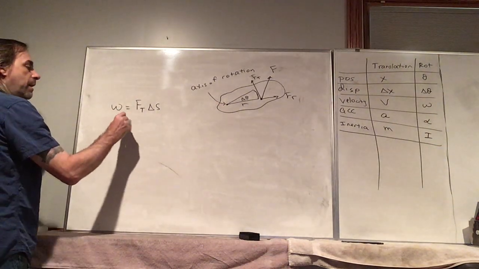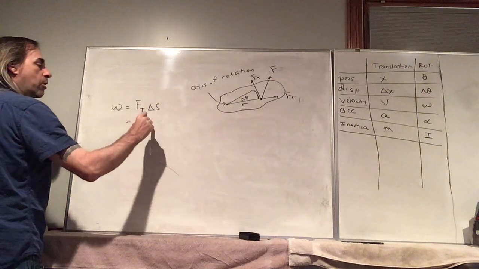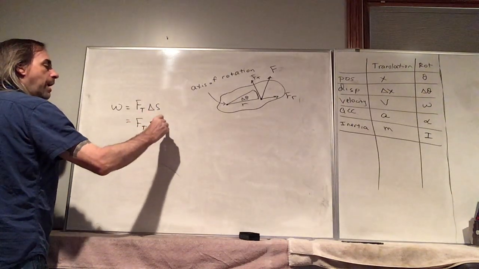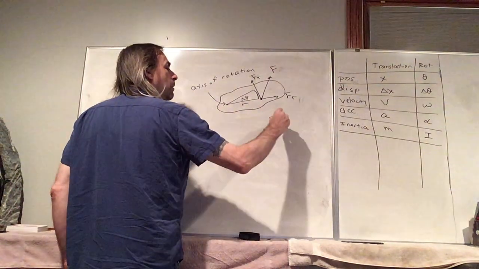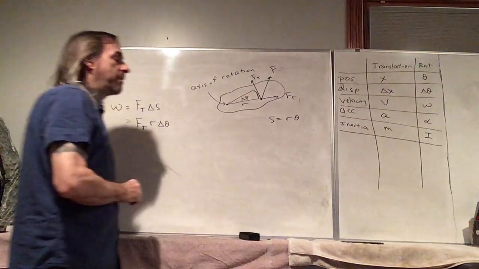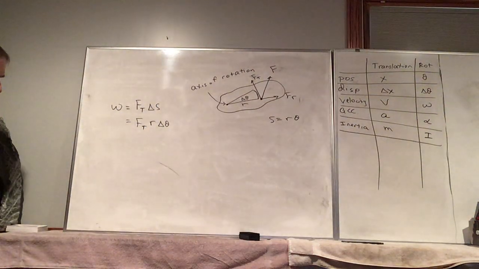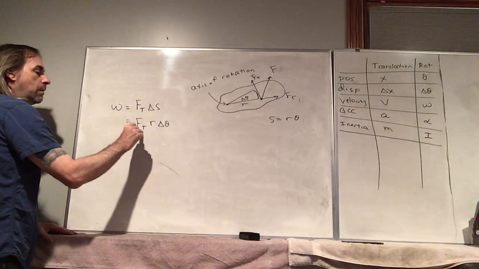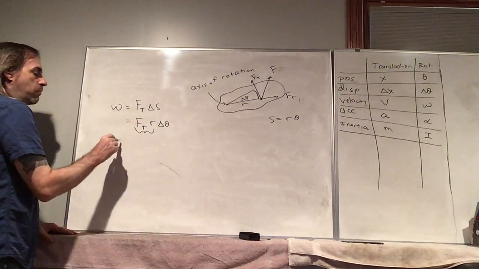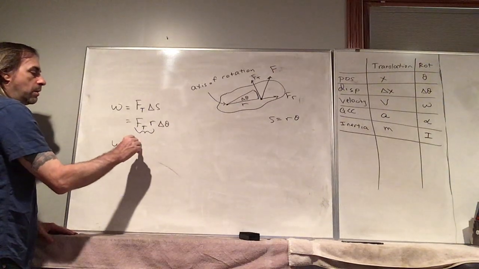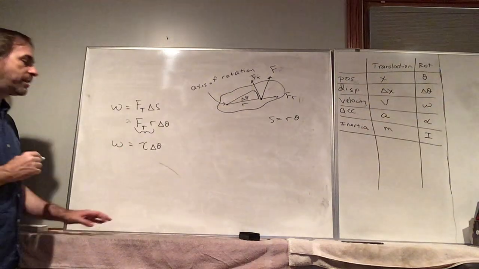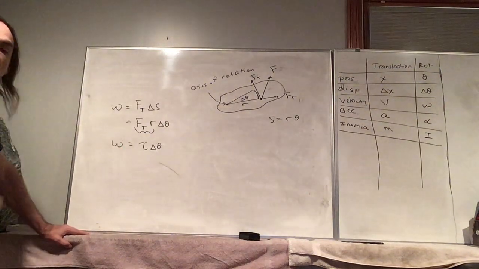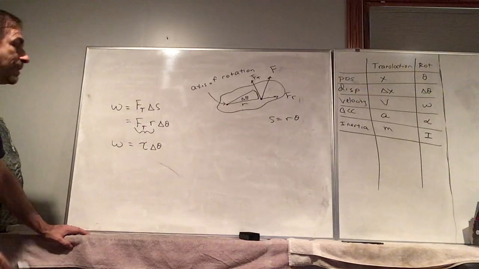And then we can say the arc length would be r times delta theta, using our familiar s equals r theta equation. Okay, so now we can look at this part here. That's equal to torque. So the work done by this force is equal to the torque times the angular displacement.